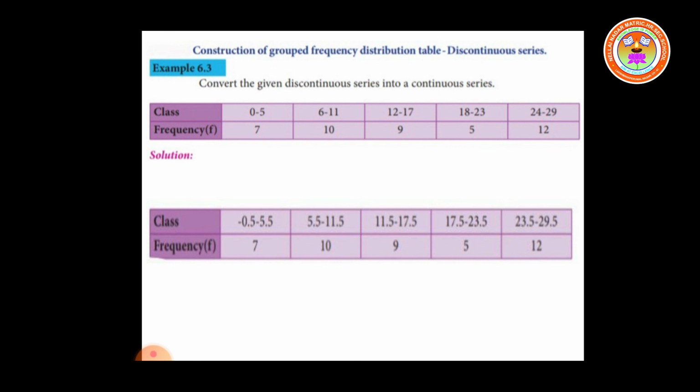So all lower limits are subtracted by 0.5 and all upper limits are added by 0.5. So it becomes minus 0.5 to 5.5. Then 5.5 to 11.5, 11.5 to 17.5, 17.5 to 23.5, 23.5 to 29.5. Frequency has no change. It remains the same.